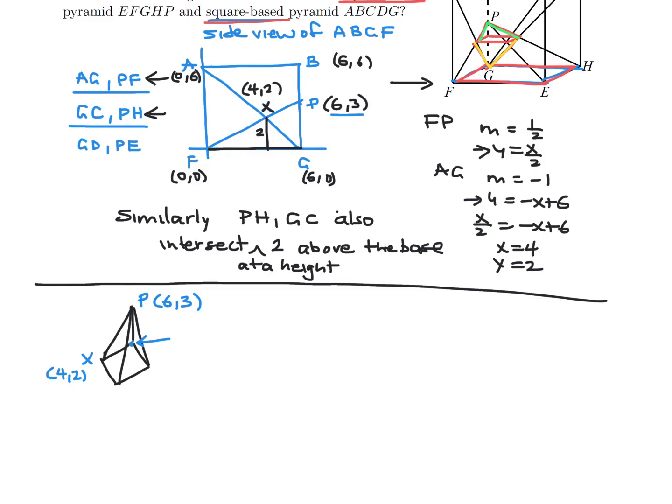Now the square base which I kind of drew here, I need to know the side length. And that can be figured out because that point that I just drew there, I'm drawing it in yellow now, is on the same plane as X, this point right here. So therefore it would have the same y coordinate. Since the y coordinate of X is 2, it would have the same y coordinate.